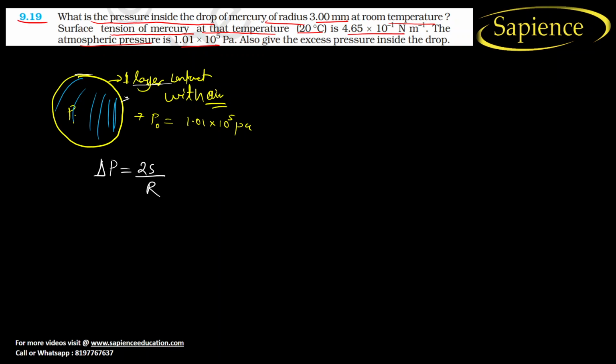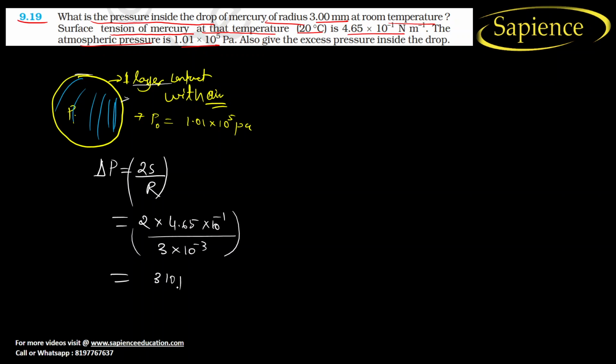So 2 into S, the surface tension, which is 4.65 into 10 power minus 1, divided by the radius, 3 mm, that is 3 into 10 to the power minus 3 meter. When we calculate this, we get 310 Pascal as the excess pressure.